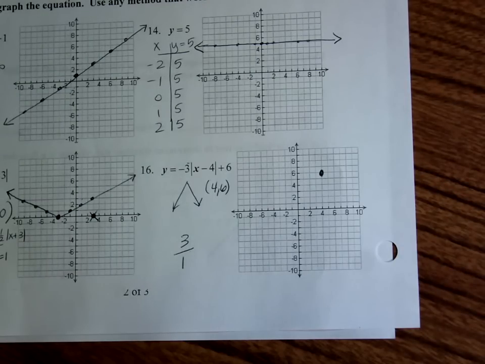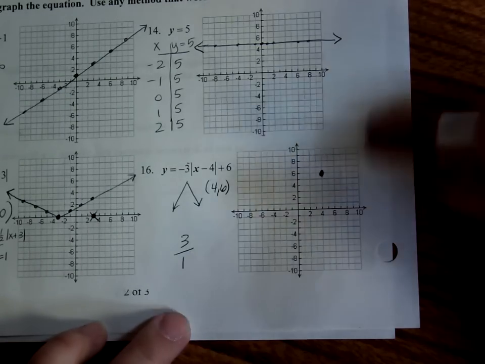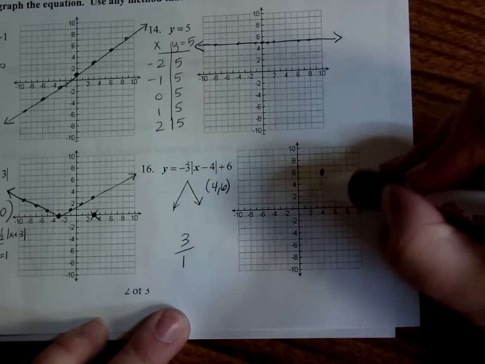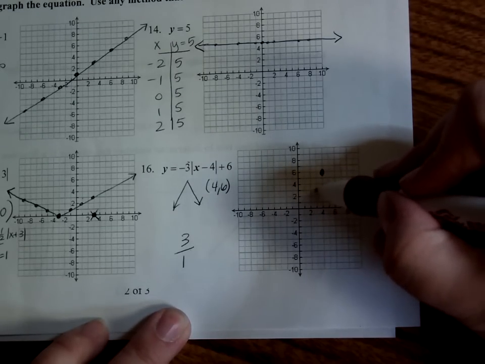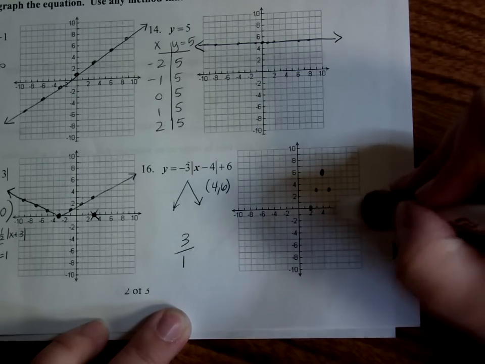Now, if I know this is the vertex, and I know it's pointing down, I'm going to be going down 3. So I'm going to go down 1, 2, 3, and right 1, or down 3, left 1. It works both ways, because it has 2 sides, and they go in opposite directions.